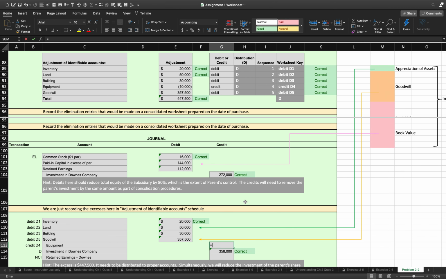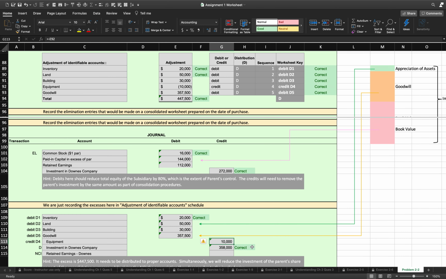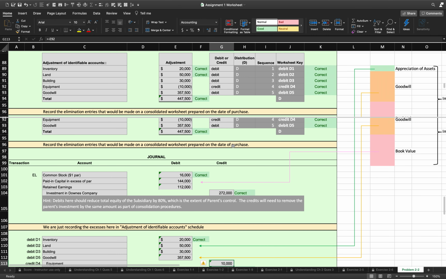And we know that equipment went down by 10,000. So here you want to credit that amount, and it's already a minus, so I'm just going to put another minus, so that'll be a credit of 10,000. When we record this entry, it'll reduce the equipment by 10,000 on the general ledger.